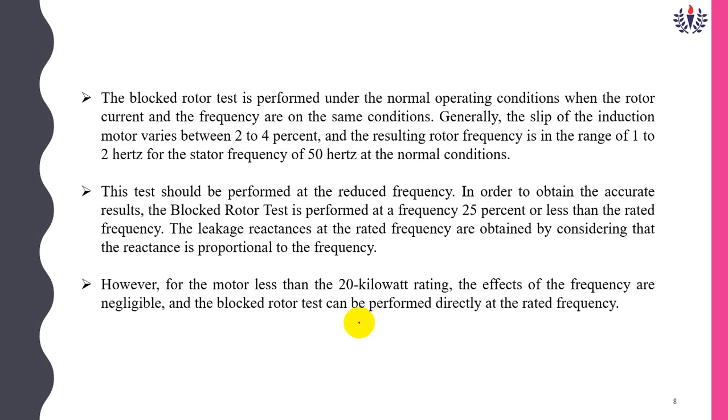Generally, in the locked rotor, the slip value will range from 2 to 4%. So the resulting frequency is in the range of 1 to 2 Hz. Stator frequency will be 50 Hz. These are the specifications.